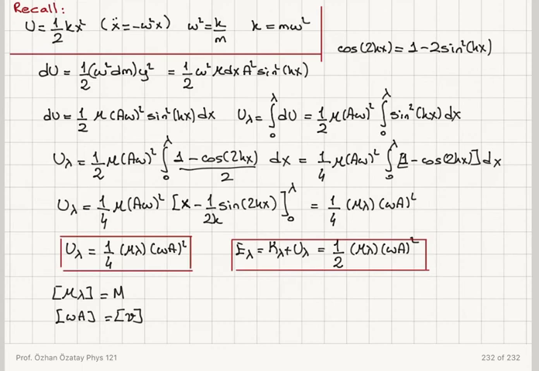So grouped this way, this should remind you of 1 over 2 m v squared, where m corresponds to mu times lambda, the mass of one wavelength, and omega a is the maximum transverse speed in the simple harmonic motion of the string elements.